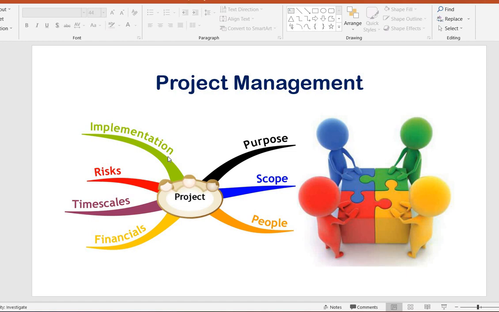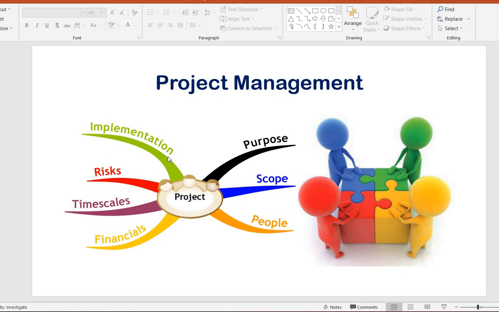There are other areas like building and construction, manufacturing industry, the pharmaceutical industry or the textile industry. So everywhere there are different types of projects.